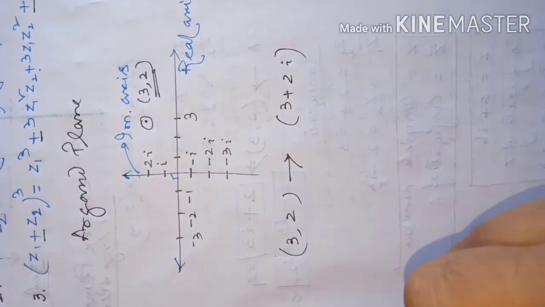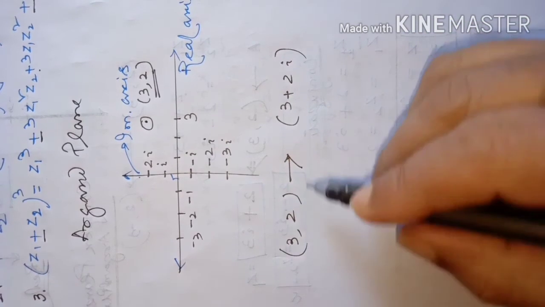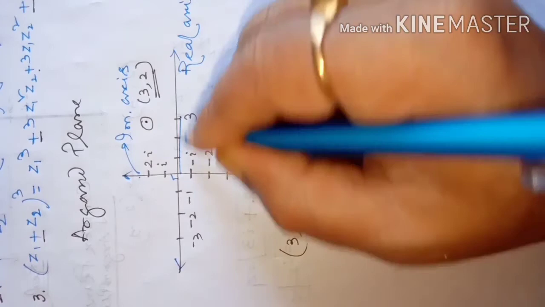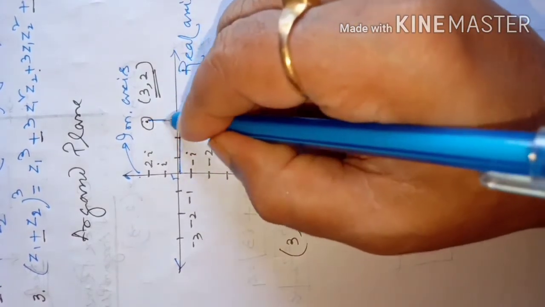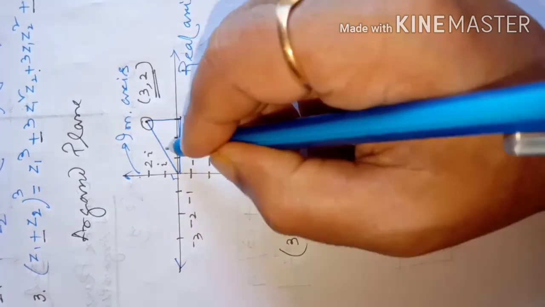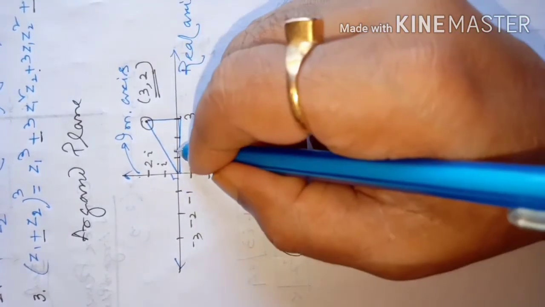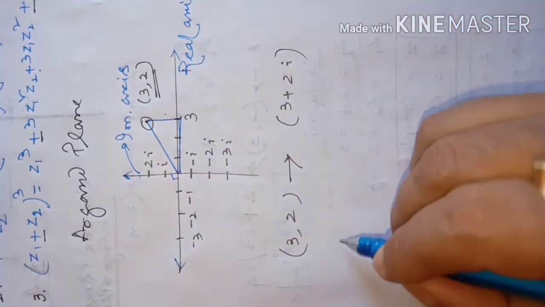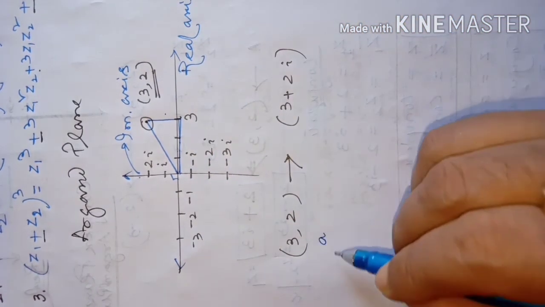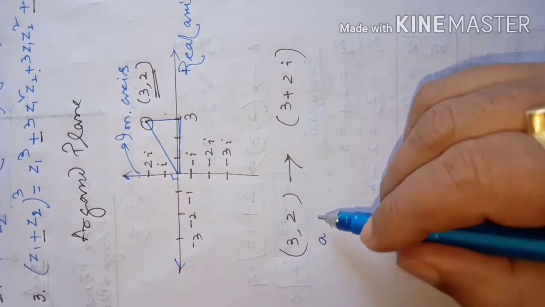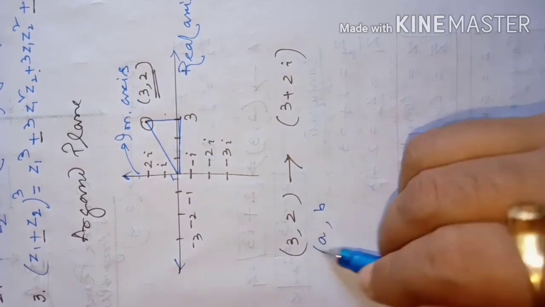Now the horizontal distance is 3 units, the vertical distance is 2 units, so the distance from the origin to that point is the square root of 3 square plus 2 square. This 3 is the real part of the complex number, and 2 is the imaginary part.